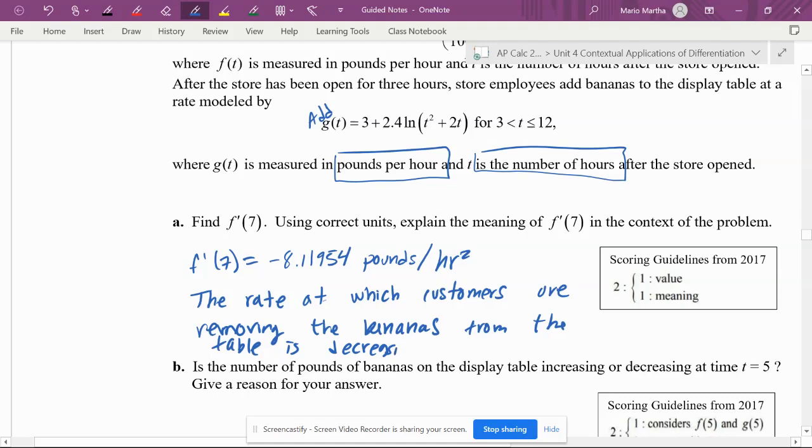Make sure you guys use the word decreasing instead of using the negative, at a rate of 8.1954 pounds per hour per hour. All right.